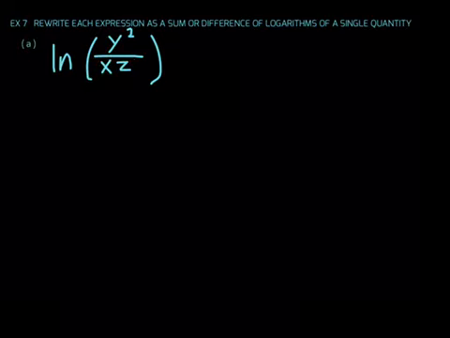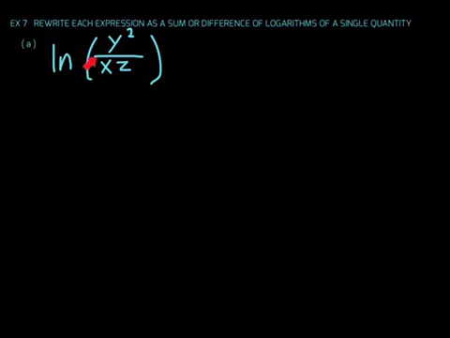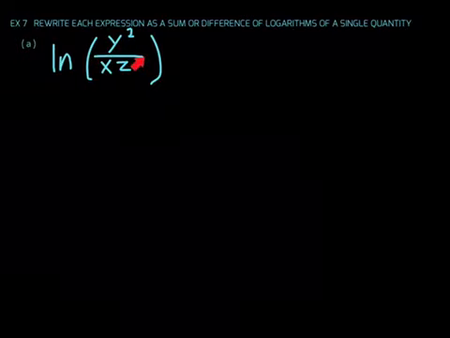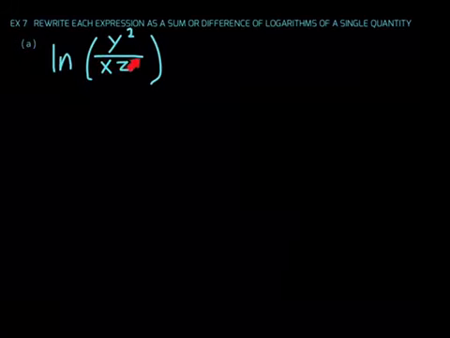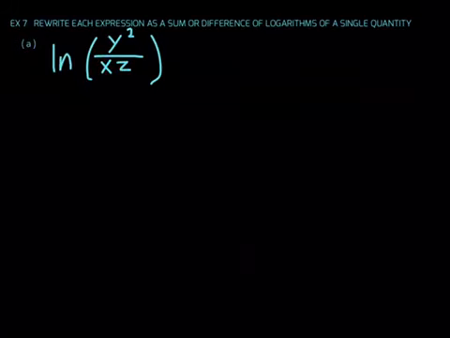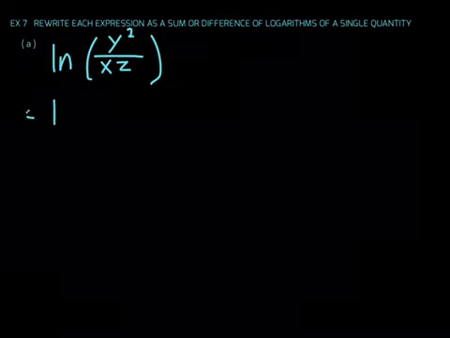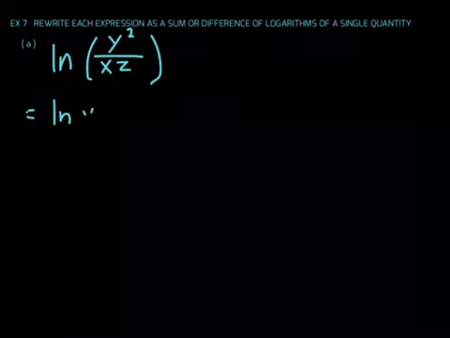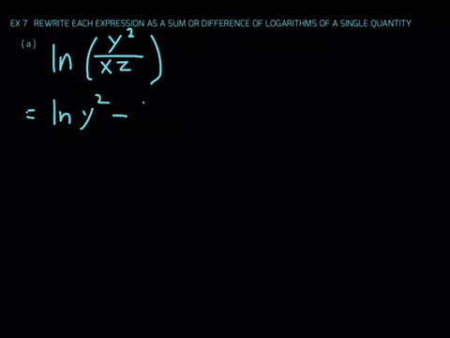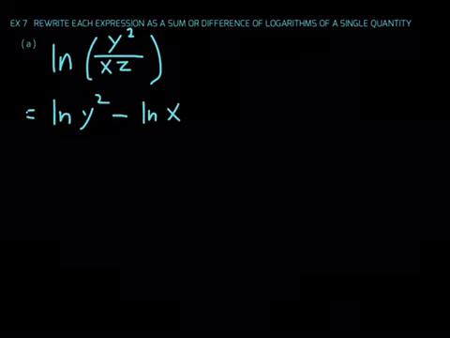Now, think about division. I hope that makes your mind go to quotient. This is a quotient. So we can use the quotient rule to undo this division here, like so. We can say this is the natural log of the numerator minus the natural log of the denominator. Okay, that was the quotient rule.